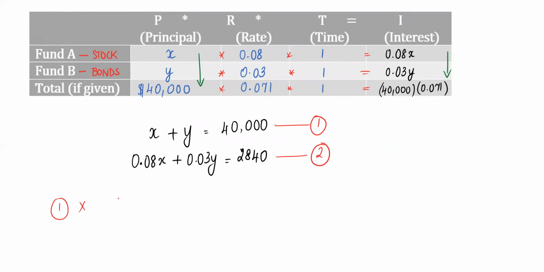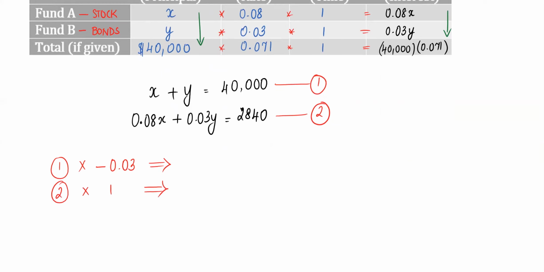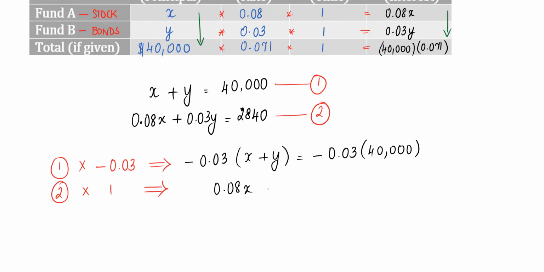Equation 1, I want to multiply, I need a negative, and let's say 0.03. Equation 2 will remain as it is. Negative 0.03 times x plus y, negative 0.03 times 40,000. That's equation 1. Equation 2 is 0.08x plus 0.03y equals 2840.